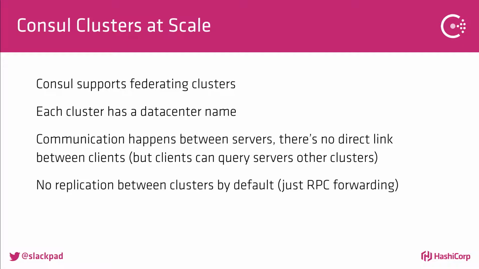A cluster basically implies you have some set of servers there, and then you have some number of clients as part of that cluster, and then you've done some process to join the servers together so that you can query information from one cluster in another, or you can update information across clusters. When you federate, all the communication happens between servers.